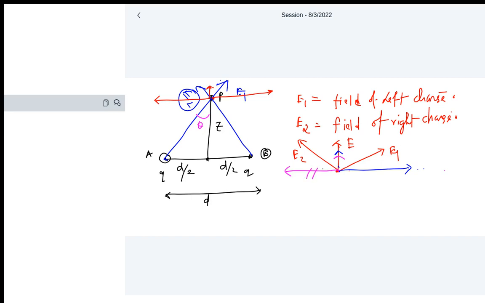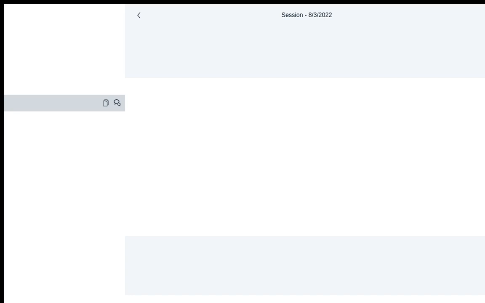So these two components basically cancel each other, but these two components conspire. The horizontal components cancel each other, but the vertical components add each other.